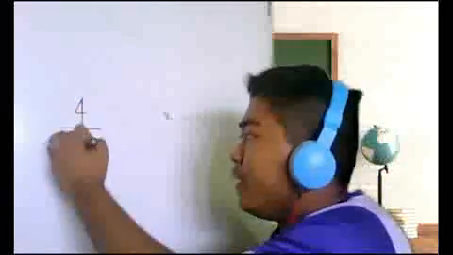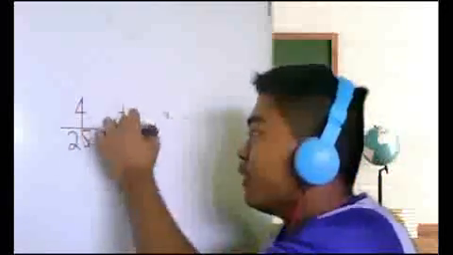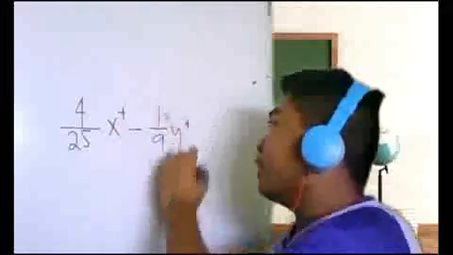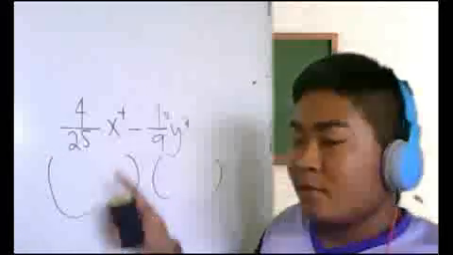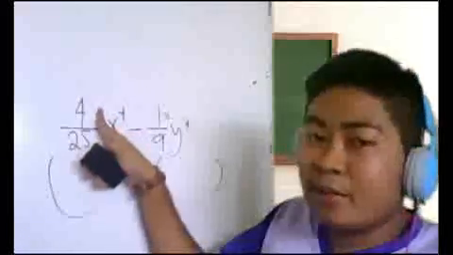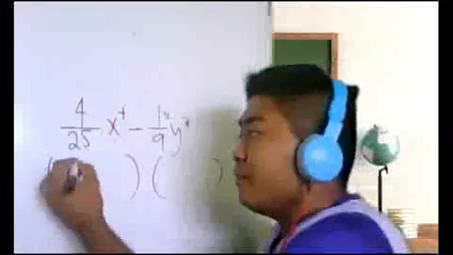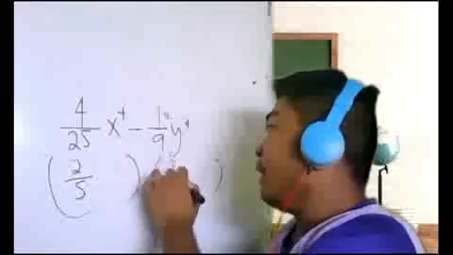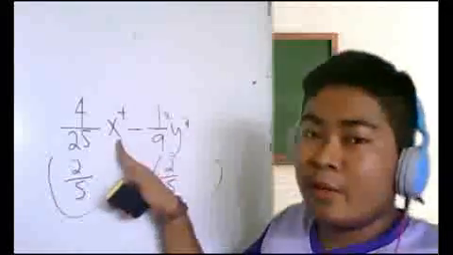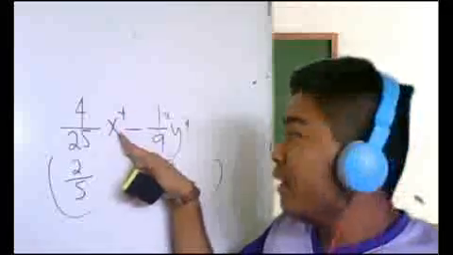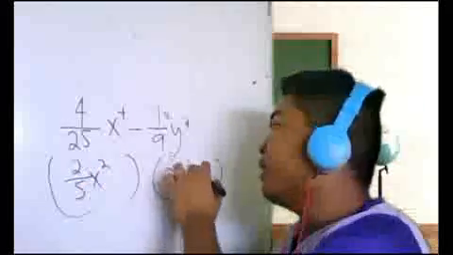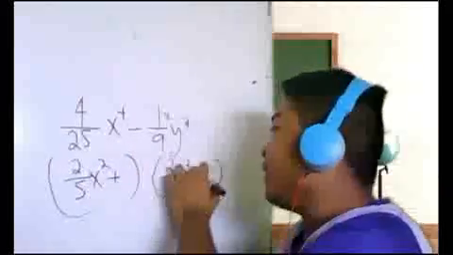So how about if we have a fraction form? We have 4 over 25, x raised to 4, minus 1 over 9, y raised to 4. So same process: square root the numerator, square root the denominator. That would be 2 over 5, and 2 over 5 din sa kabila. Square root of x raised to 4, 4 divided by 2 is 2, kaya magiging x squared, minus, kaya positive, negative tayo.